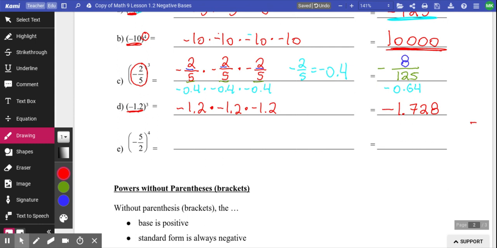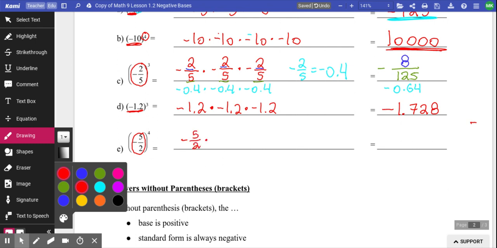For C, the base is negative 5 over 2. So you have negative 5 over 2 times itself 4 times. To get the fraction answer, you multiply all the tops together. So my top would be 5 times 5 times 5 times 5, which is too big a number for me.